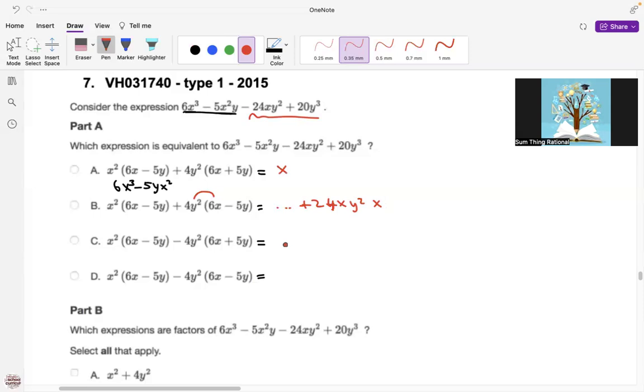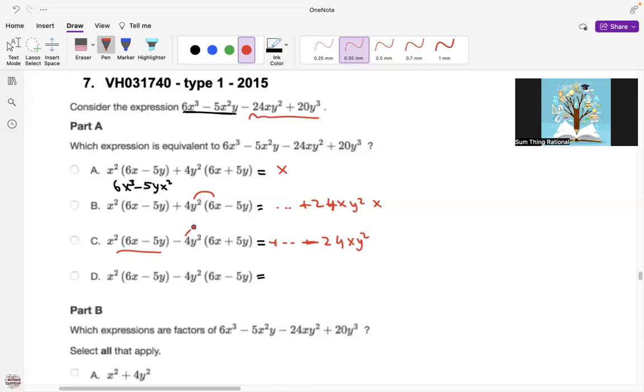What about this C? When I look at C, negative 4y times 6x, the first term is already similar to the above one. So negative 4 times positive 6 is negative 24xy squared. Good. But the second one must be positive.